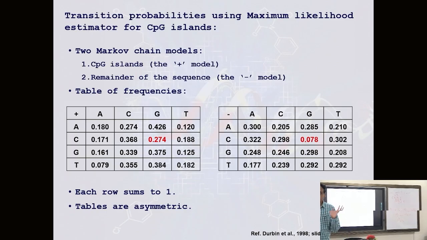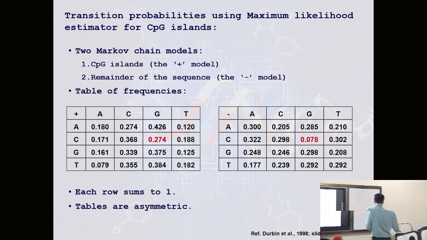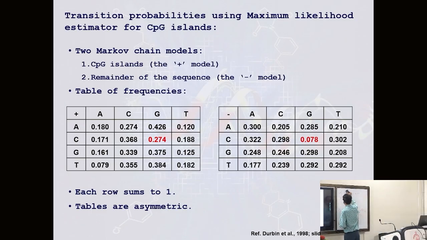So the models have been trained, and now if you are given a sequence, let's write a sequence and compute the probability of that sequence. So given a sequence, T, C, G, C, G, A, C, G, G. Okay, this is the sequence.